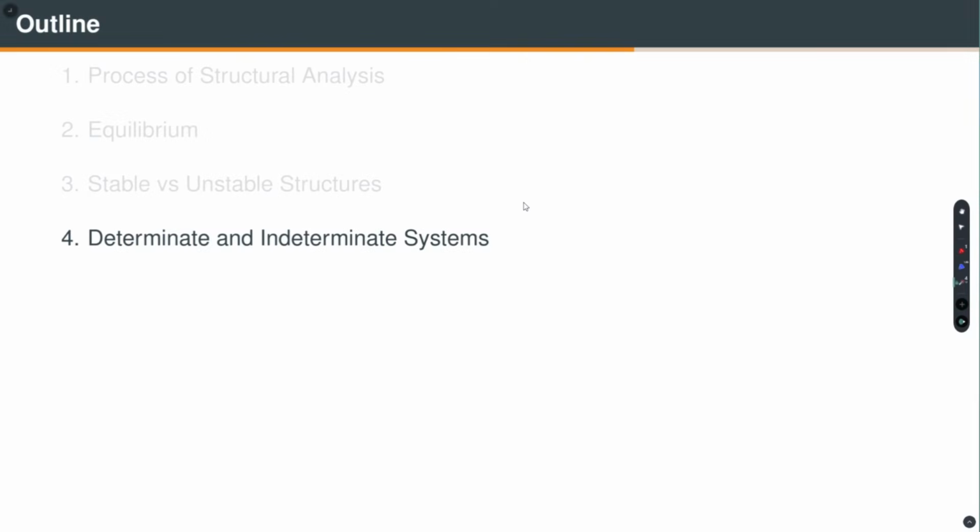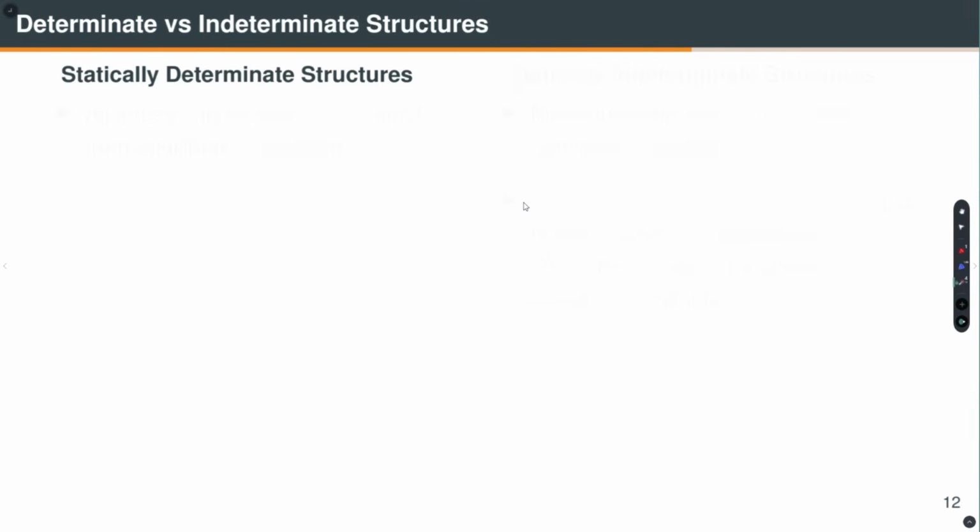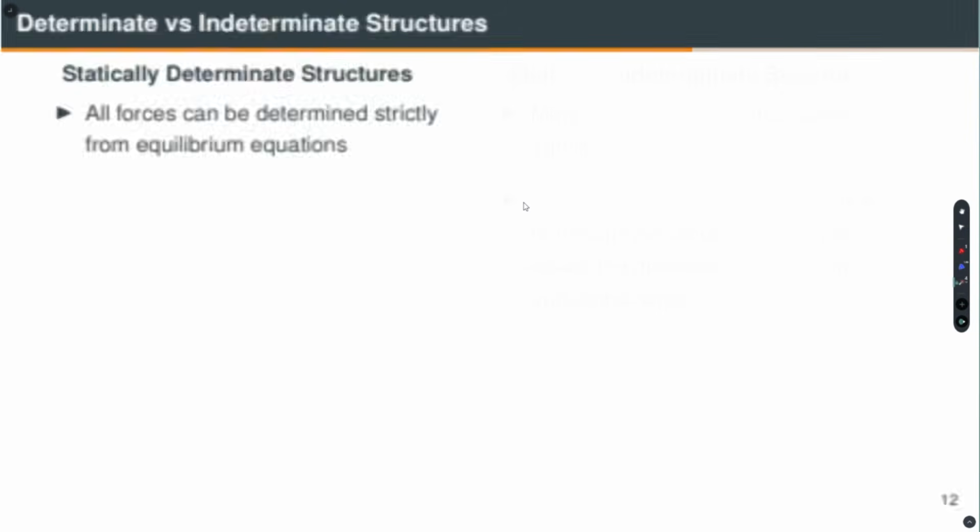Now, let us talk about determinate and indeterminate systems. So, what is a statically determinate structure? When all the forces can be determined strictly from the equilibrium equations, then we call the structure statically determinate.